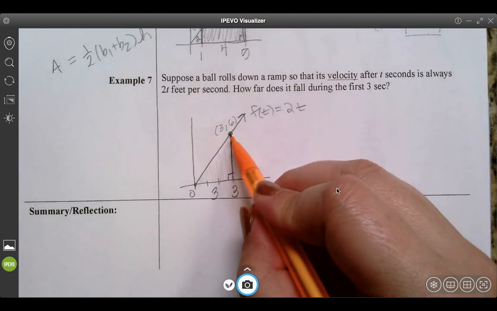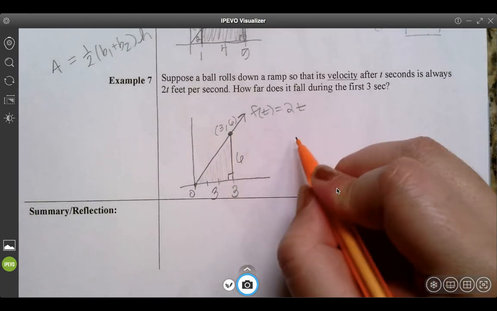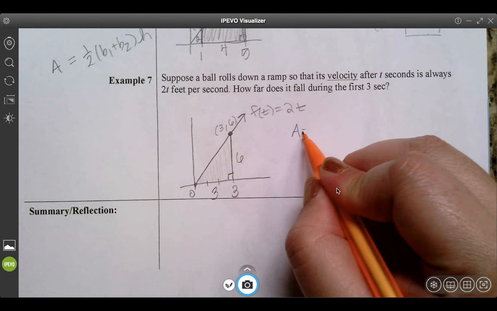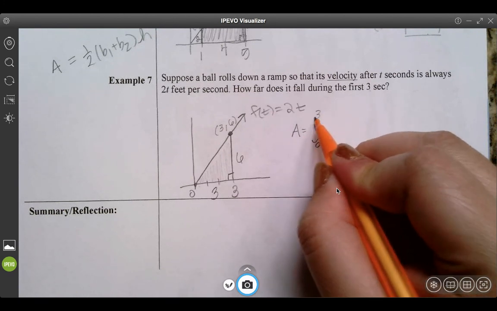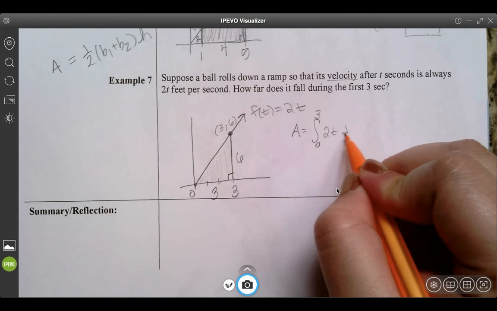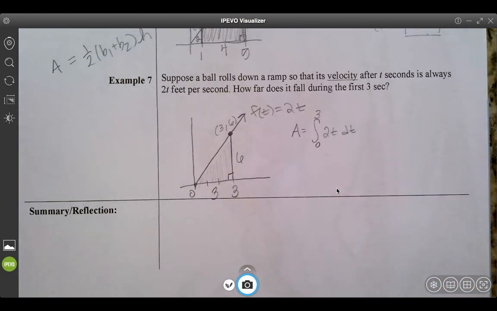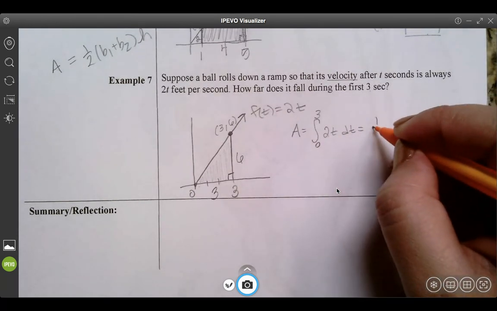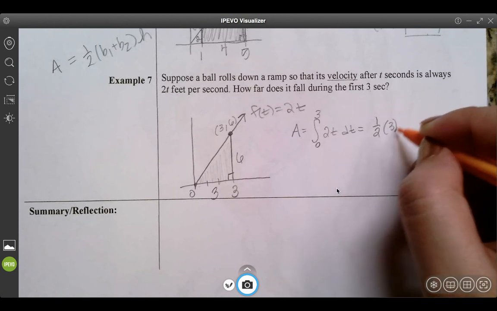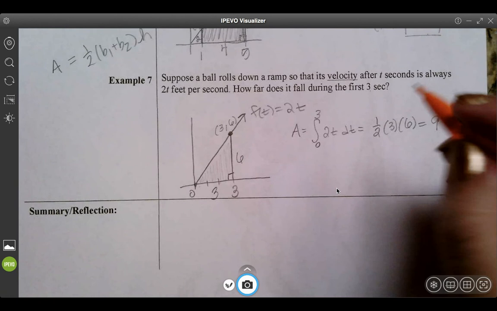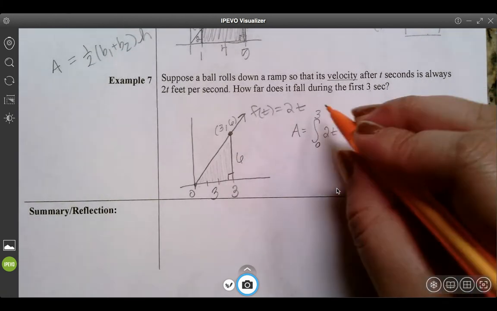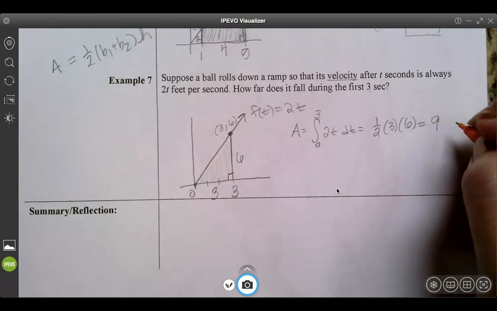And so we have a height of 6. So our area, which we can also call the integral from 0 to 3 of 2t dt, equals 1/2 base times height, which is 9. This time we do have units, and our units for how far, distance, are feet.